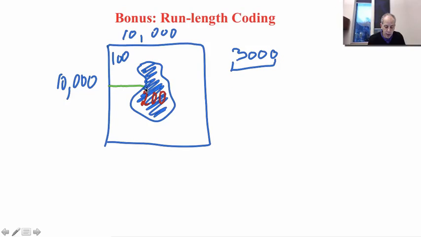Then let's assume that there is 1,000 times, again, the value 200. So we put 3,000, then we put 1,000, and we're done, if we assume that there was only one object, one transition. If not, we can keep going. So by two numbers, we have encoded the whole row. Then we go to the next one, and we do the same.